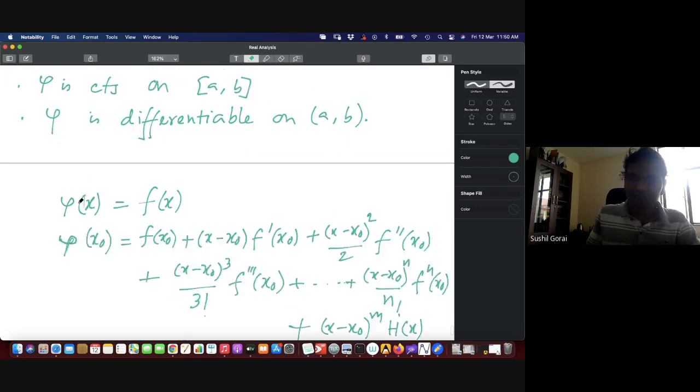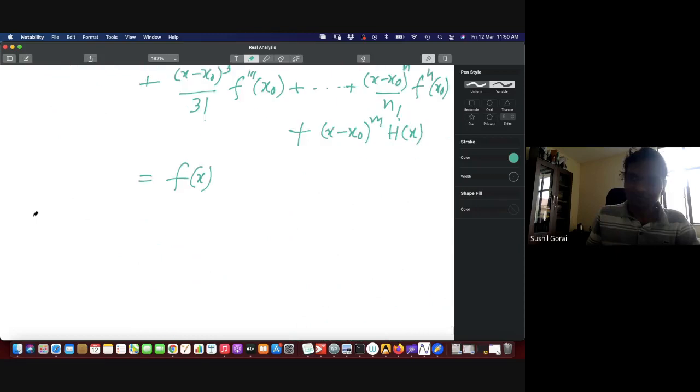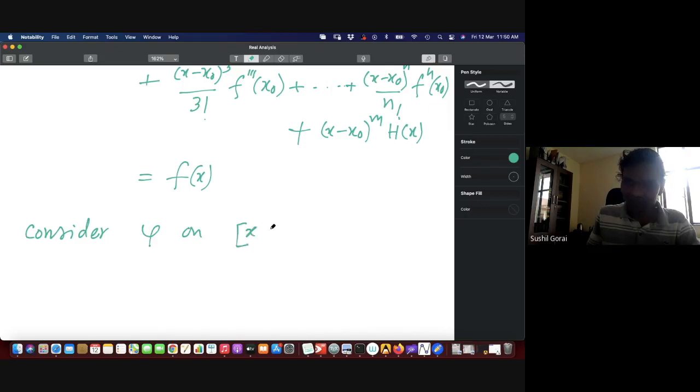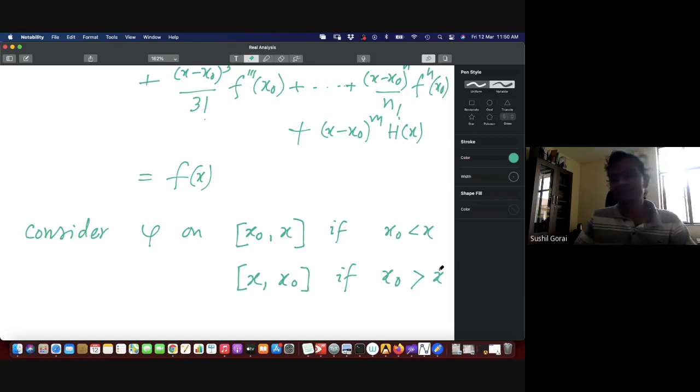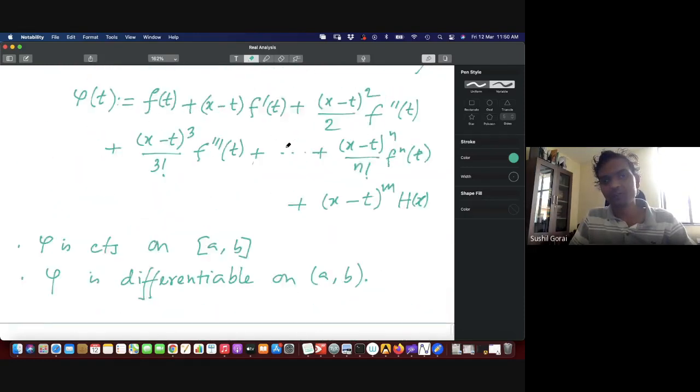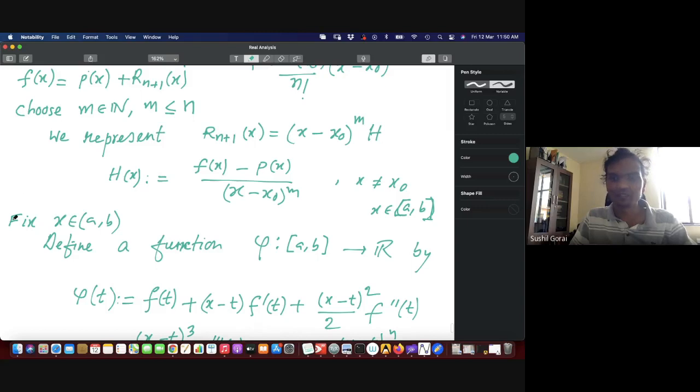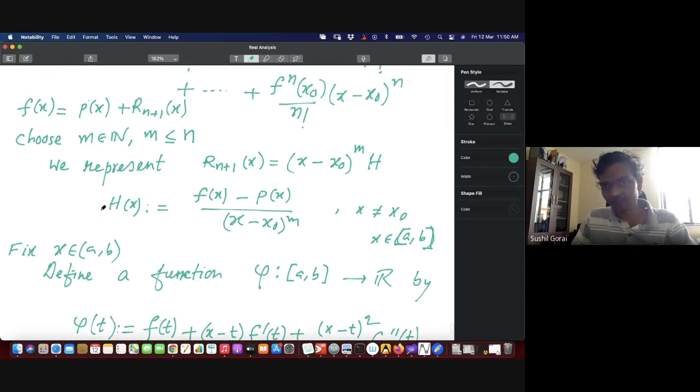So consider phi on x naught to x if x naught is less than x, and on x to x naught if x naught is bigger than x. All right. So we first fixed x naught in the very beginning, and here also we fixed x, right?